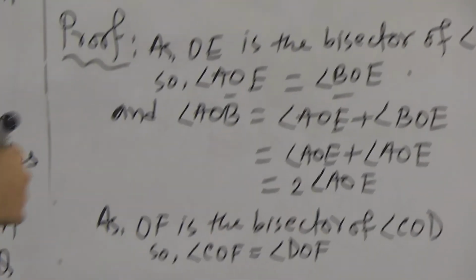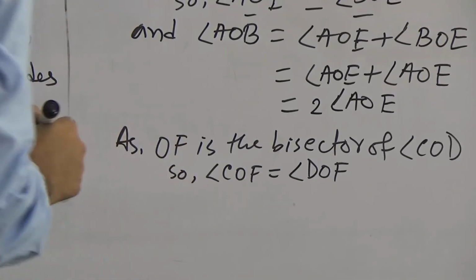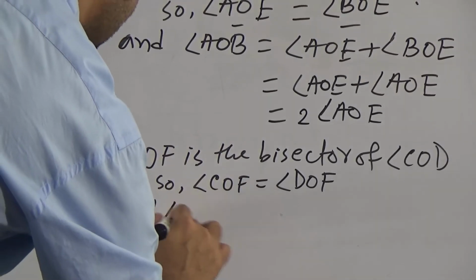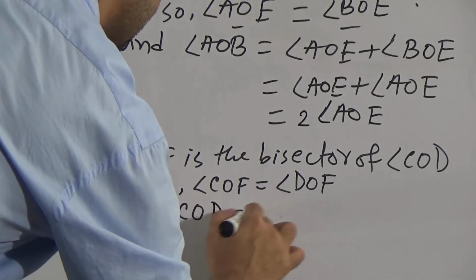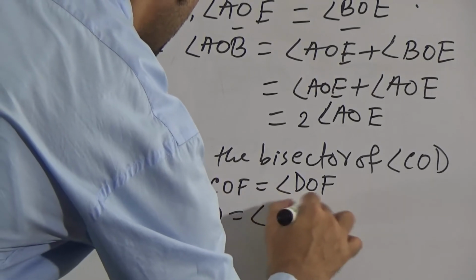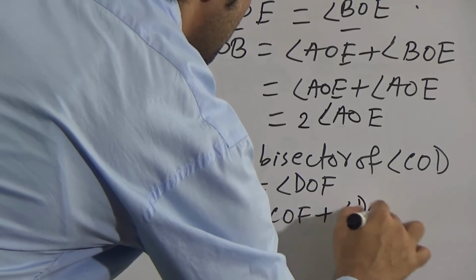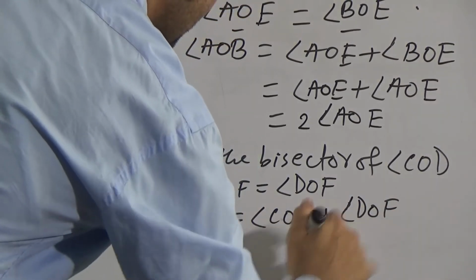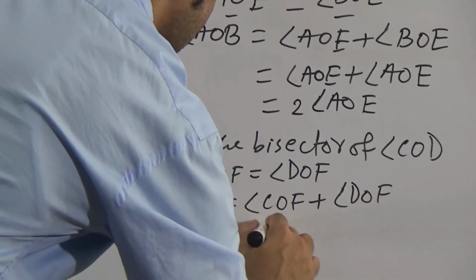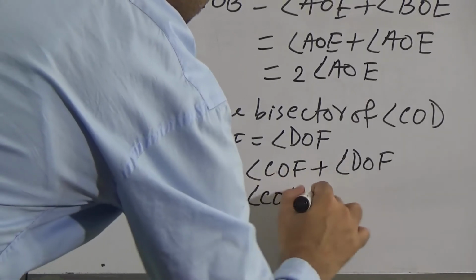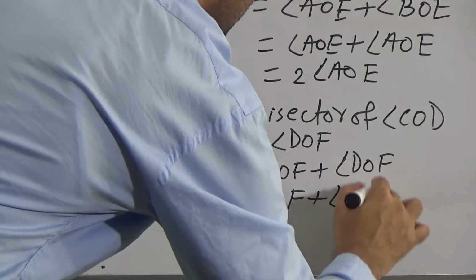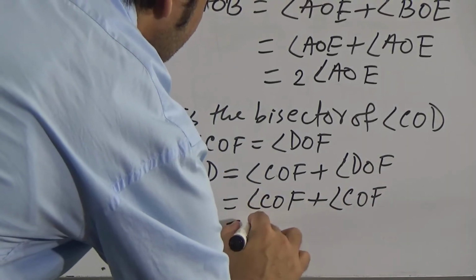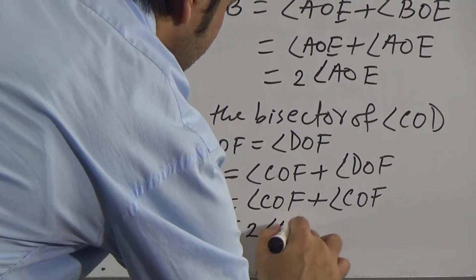These two angles will be equal, as OF is the bisector of COD, and we can write angle COD is equal to the sum of angle COF plus angle DOF. Now put angle COF in place of angle DOF. Angle COF plus angle COF again. So the sum of these two angles will be equal to 2 angle COF.